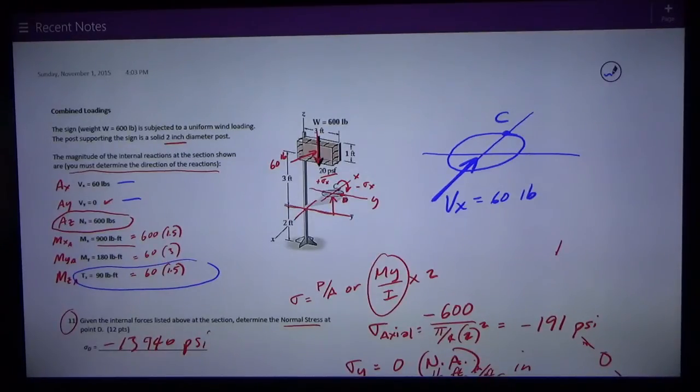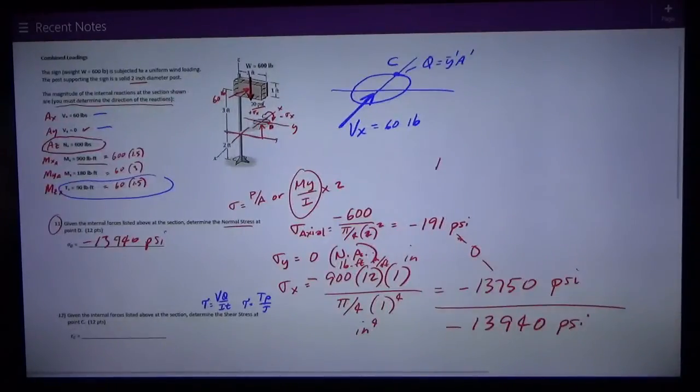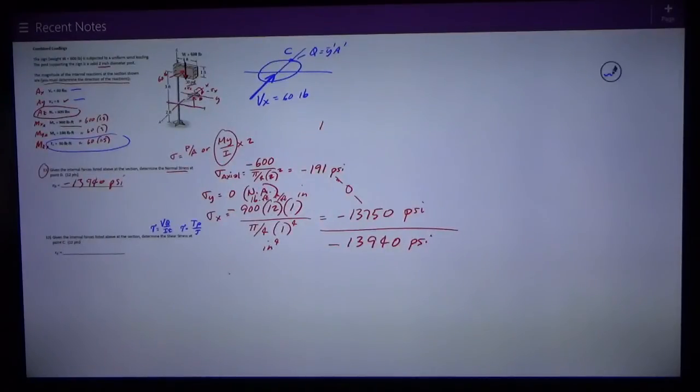There is no shear stress at the extreme fiber because Q is equal to 0 up here, y bar prime A prime. Because of that, the shear stress due to Vx is equal to 0. So I would say tau due to x direction shear is 0 because C is at the extreme fiber, at the furthest point from the neutral axis.